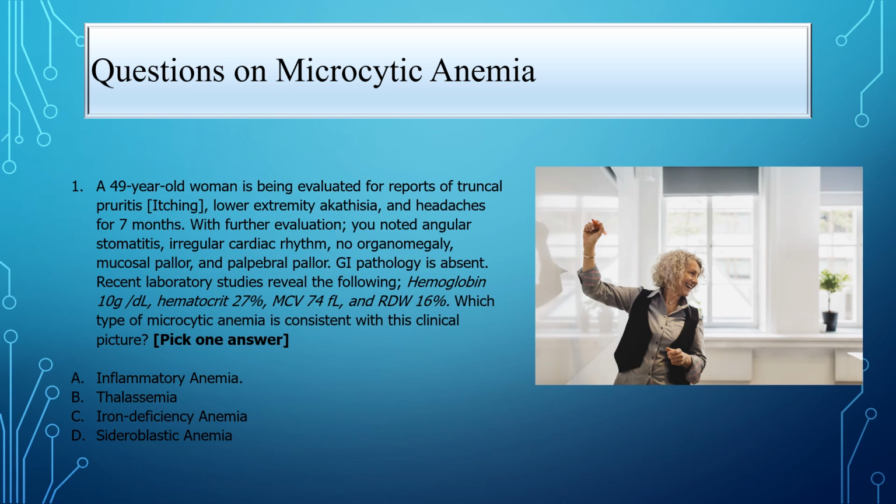You also have to know the risk factors for iron deficiency anemia. And thirdly, you have to know all the lab indexes for iron deficiency anemia, especially the RDW. That's a dead giveaway when it's elevated. It's an indicator of iron deficiency anemia.